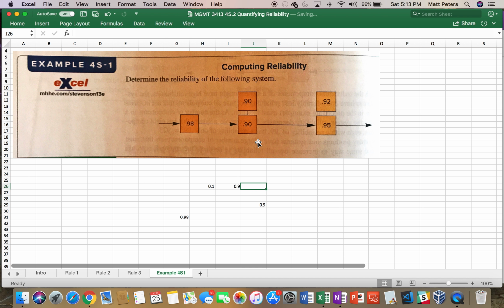So the chance that the backup will fire and will actually work is this times this. So we add those two numbers together. Okay, so the probability of this first part working is 98%. The probability of this second part working is 99% because it's got a backup.